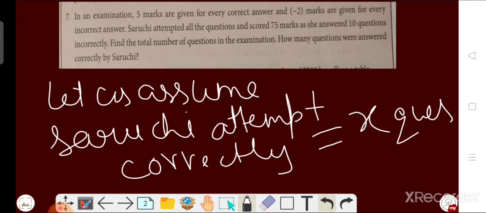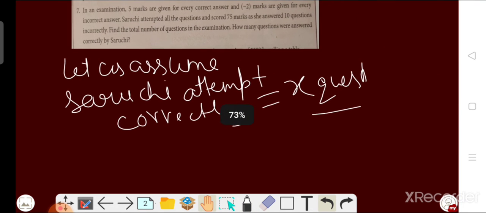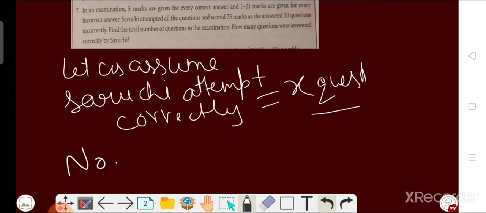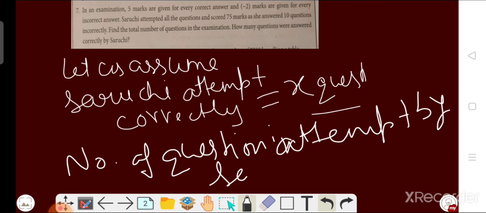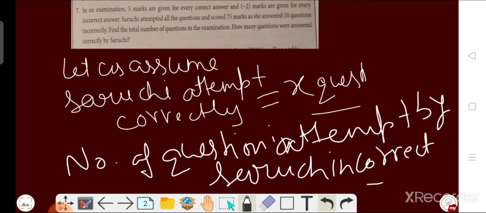How many questions? x questions. Attempted correctly x questions. Okay, then beta, the number of questions attempted by Suruchi incorrectly is equal to 10. It is given here. She answered 10 questions incorrectly.